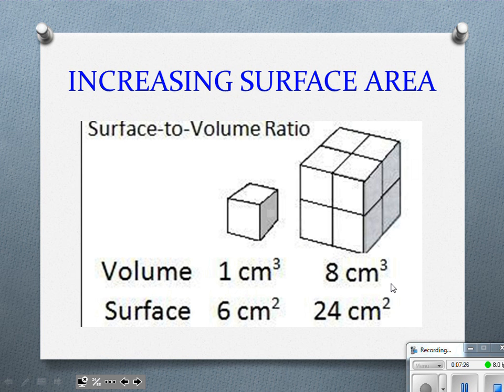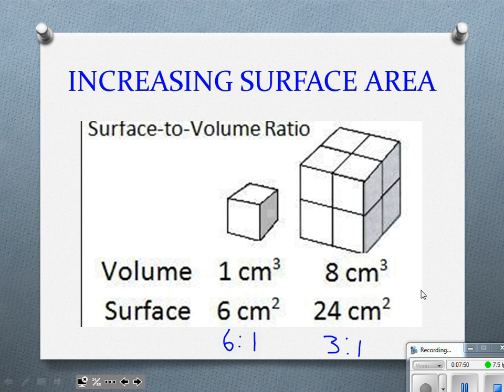Okay? The surface to volume ratio. If I look right here, what is my surface to volume ratio right here? 6 to 1, right? What is my surface to volume ratio here? 3 to 1.